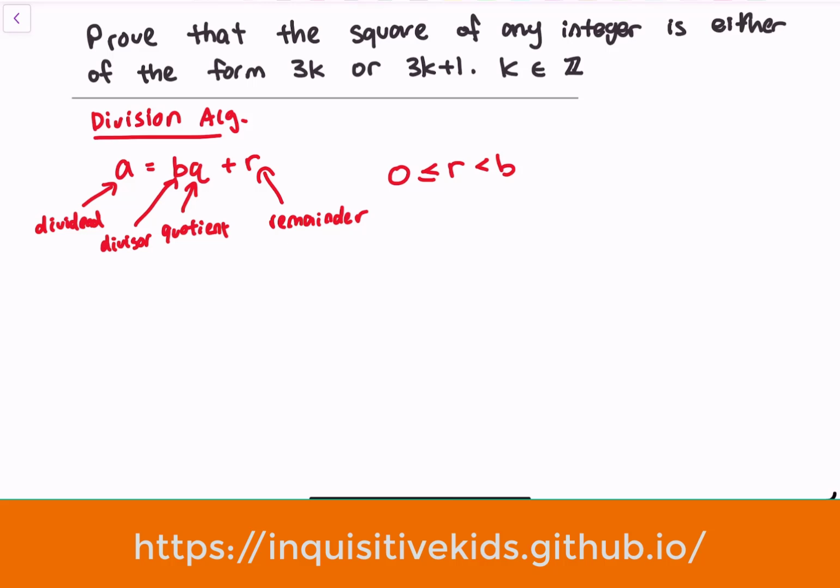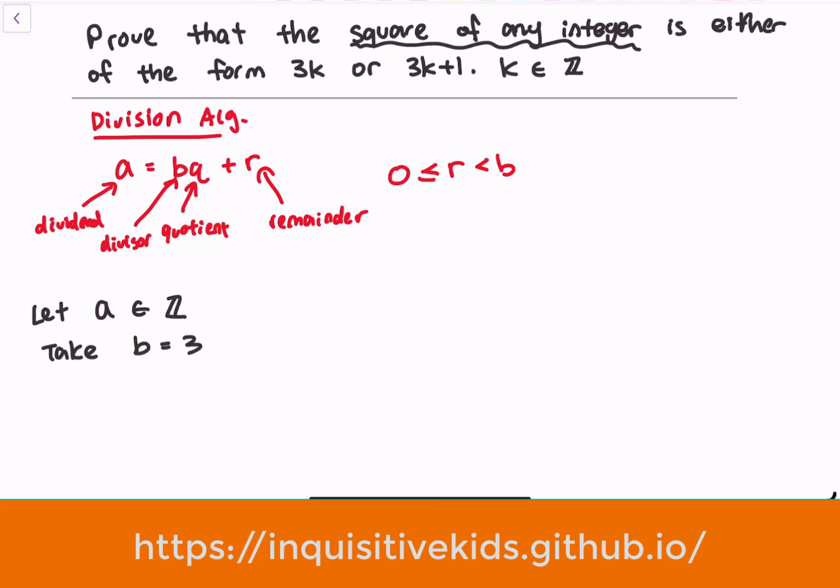Now we're going to start our proof. We're trying to prove what form the square of any integer can be written in. So let's first just set a random integer. a is any integer. And we're going to take b is equal to 3.